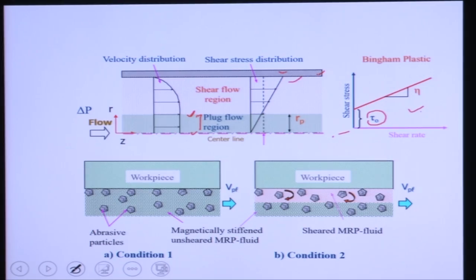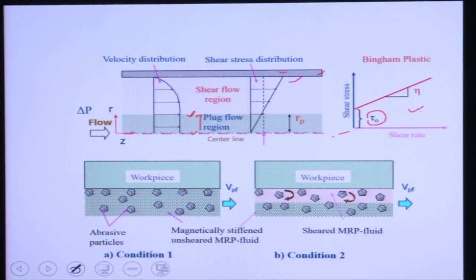The slope of this curve is called eta, or plastic viscosity. When the applied stress is greater than the yield stress, the MR fluid flows, and after flowing it takes a straight-line path, so the slope of this curve gives the plastic viscosity.